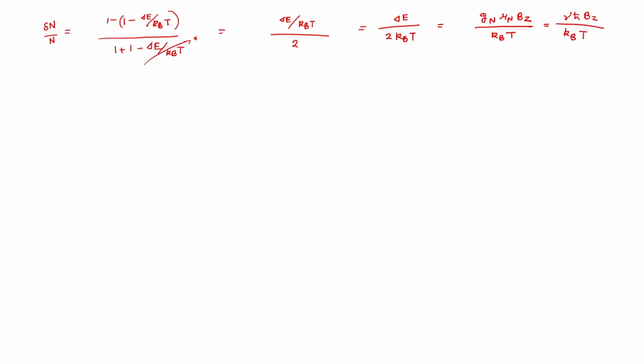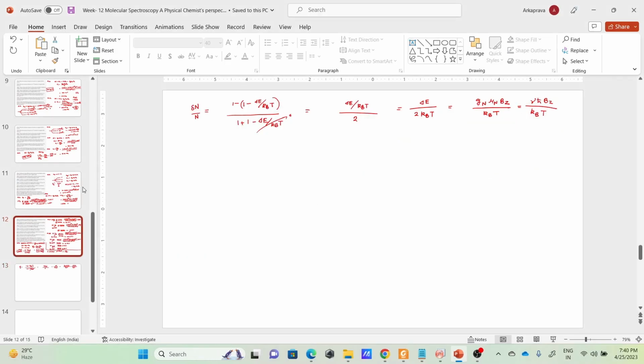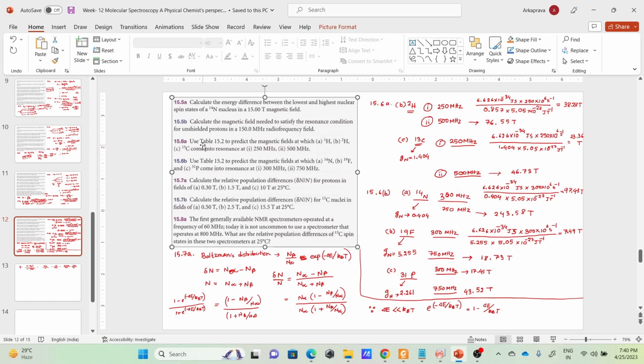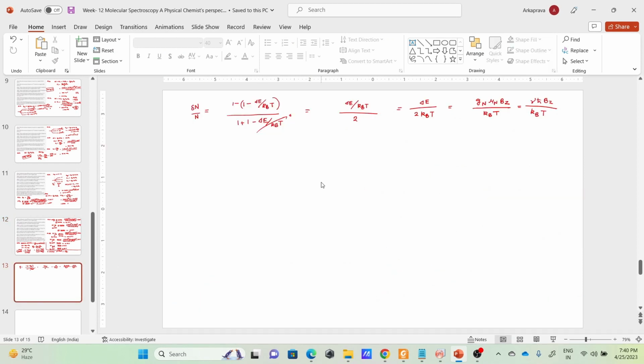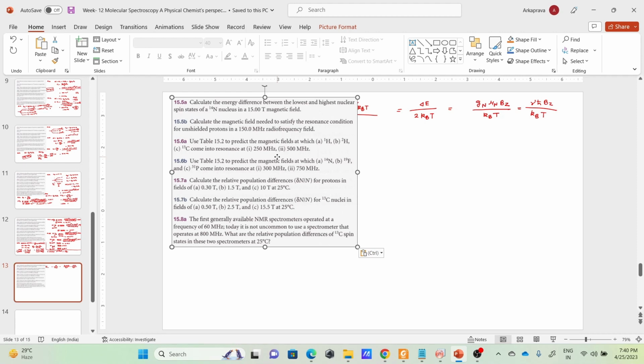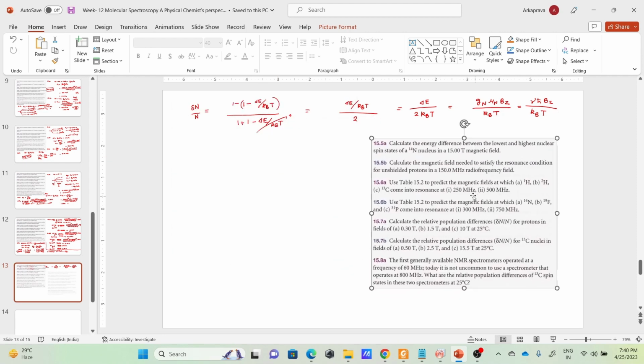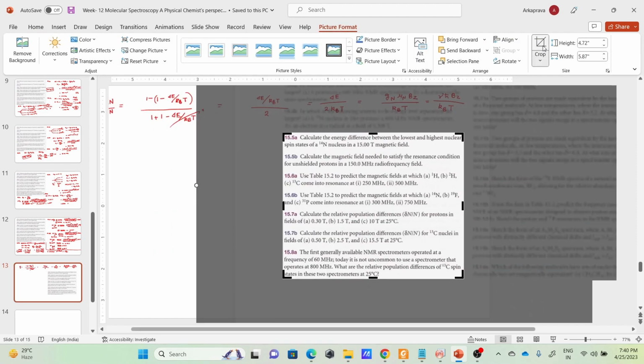Okay. So let us copy paste the question once so that we can see what we are trying to do. So we are solving this problem.